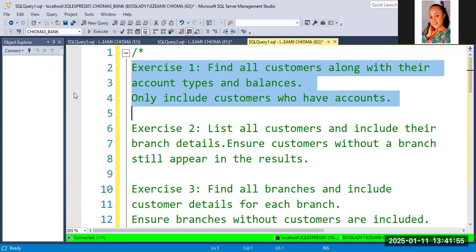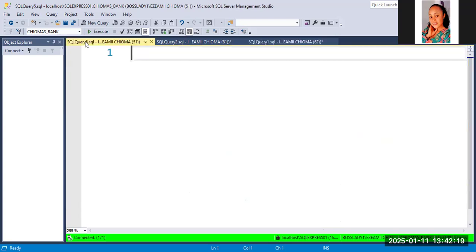Then we focus on what type of join we should use. We're going to use inner join, and the reason is that we only want customers who have accounts. In our customers table, get us customers, then match them and get us information from accounts where they are matching. So for us to solve this, we're going to use inner join.